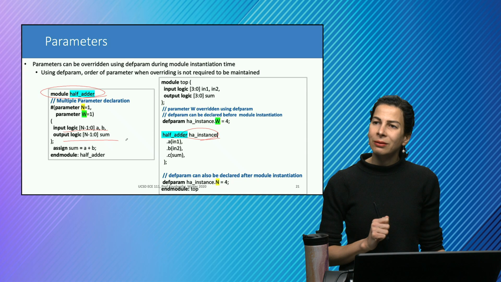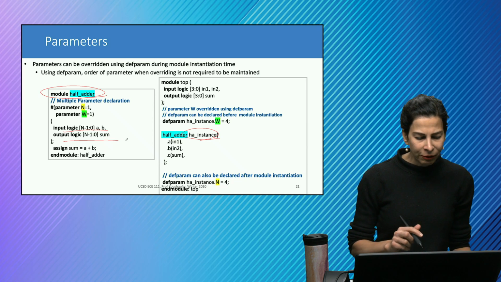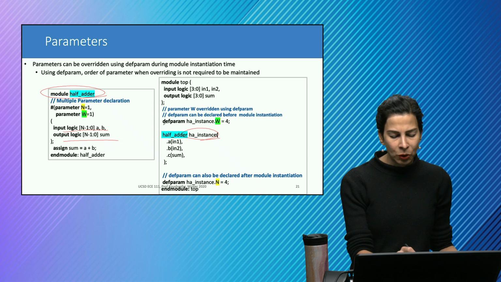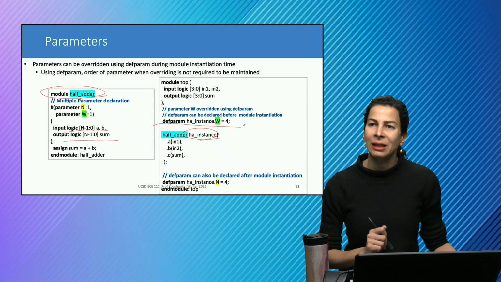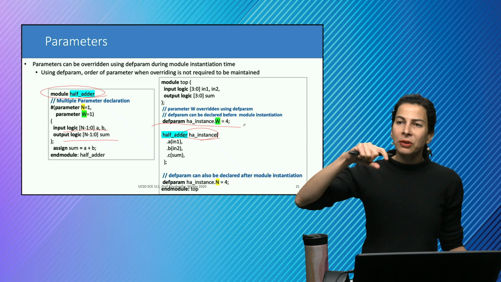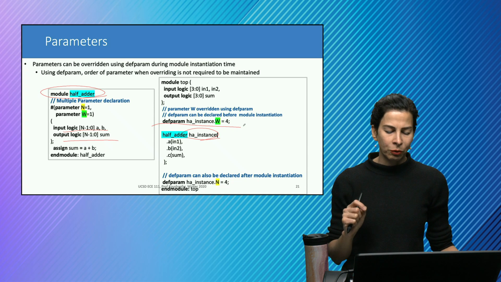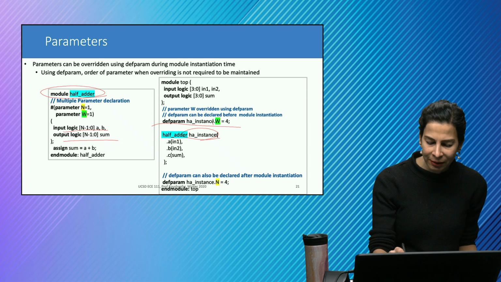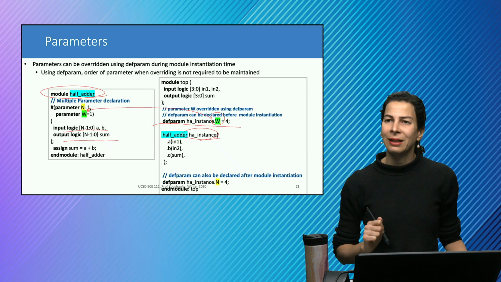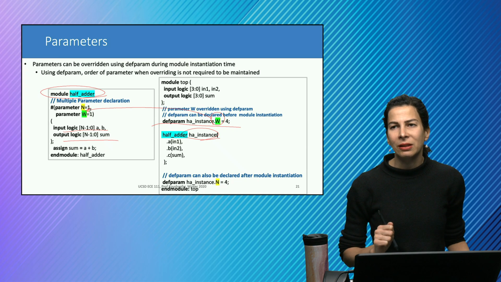Now here, there was a parameter in my adder, and that parameter I can redefine here. I had a parameter width equal to 1, but here I'm going to define the parameter HA_instance.W equal to 4. And this .W says that this parameter is going to redefine what was defined as a parameter in the submodule.